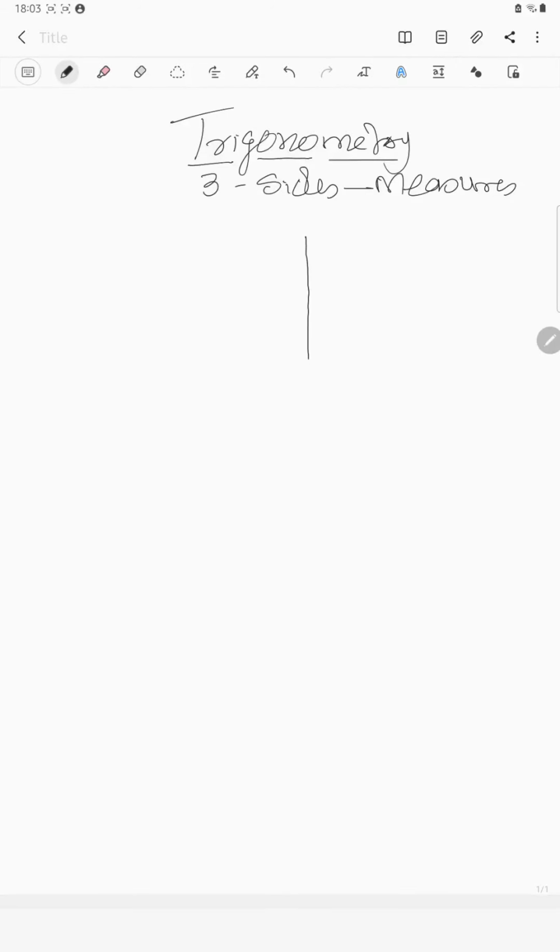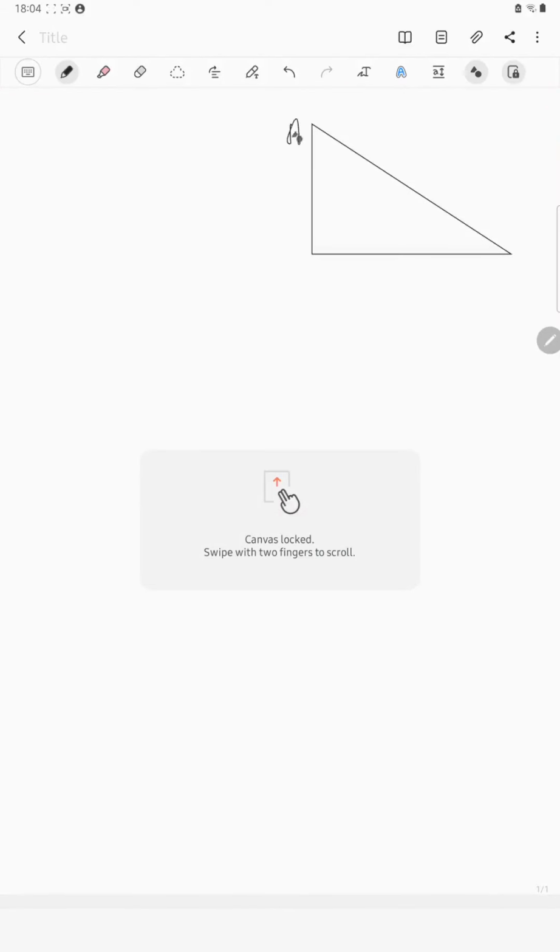Consider a triangle ABC. ABC is a right angle triangle where angle B is 90 degrees and the other two angles are acute angles.